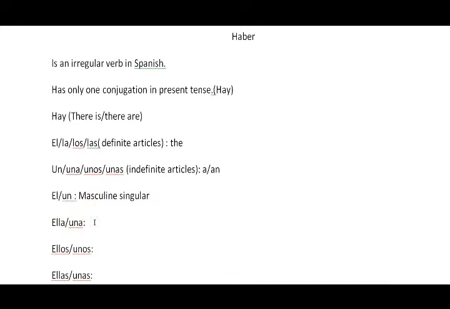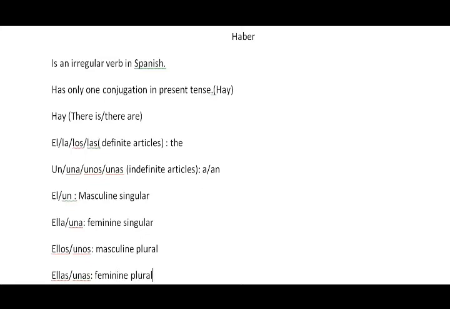La or una, both are used for feminine, singular. Los or unos, both are used for masculine, plural. And las or unas, both are used for feminine and plural.